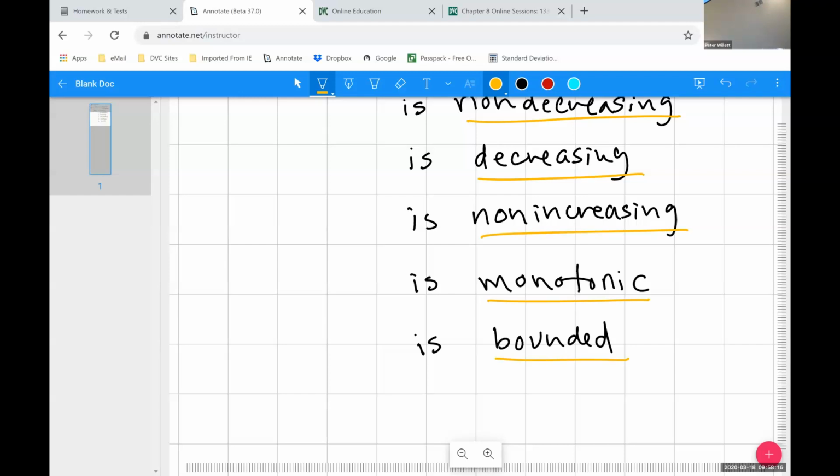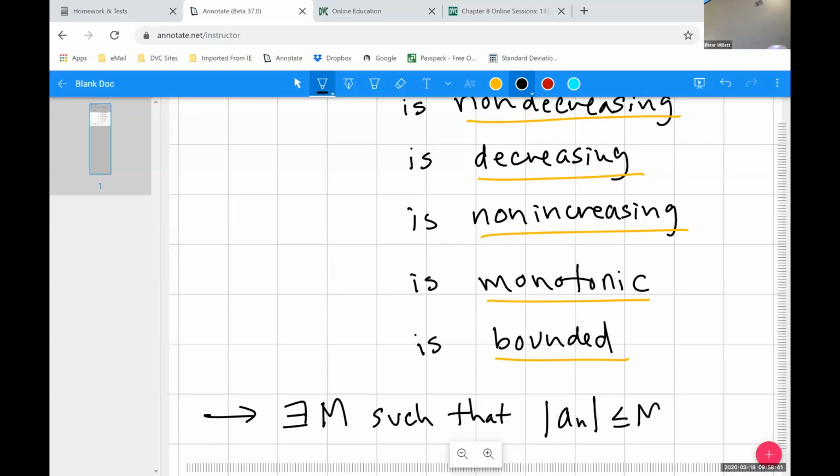So if we just write up the terminology for a second, bounded would mean something like, again, this backward E means there exists an M such that the absolute value of a sub n is less than or equal to M for all n.